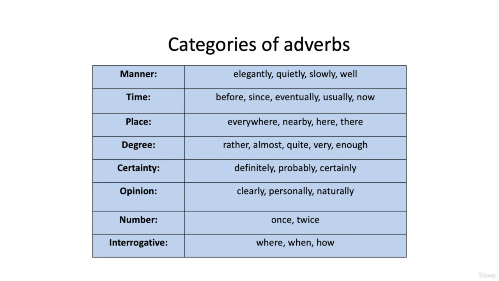Here are some categories of adverbs categorized into 7 groups: manner, time, place, degree, certainty, opinion, number, interrogative.